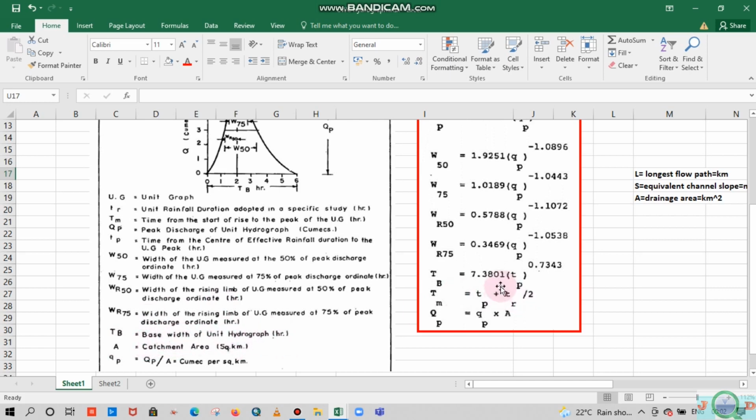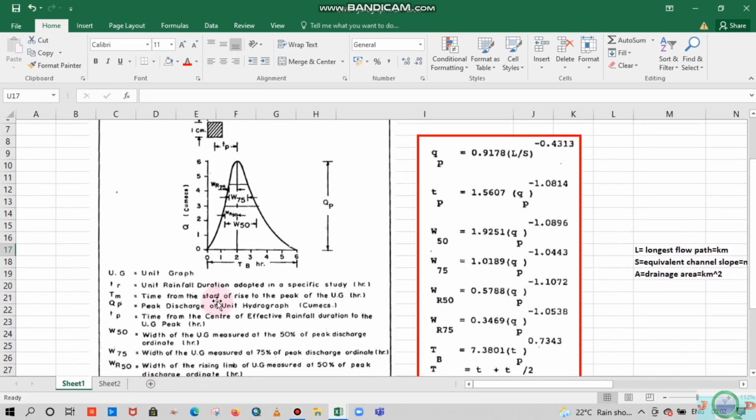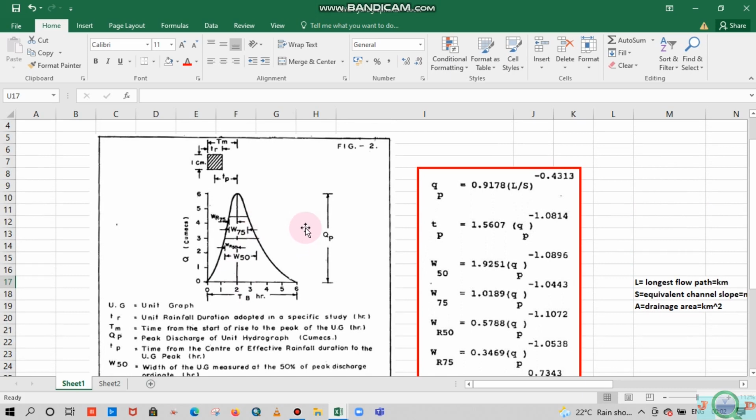So we have this empirical equation, and A is the drainage area, the catchment area, which I already discussed, and qp is the discharge per square kilometer. You can get this by the peak discharge divided by the drainage area.